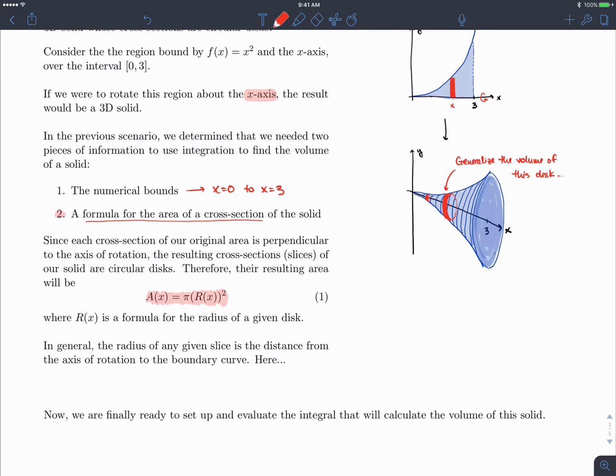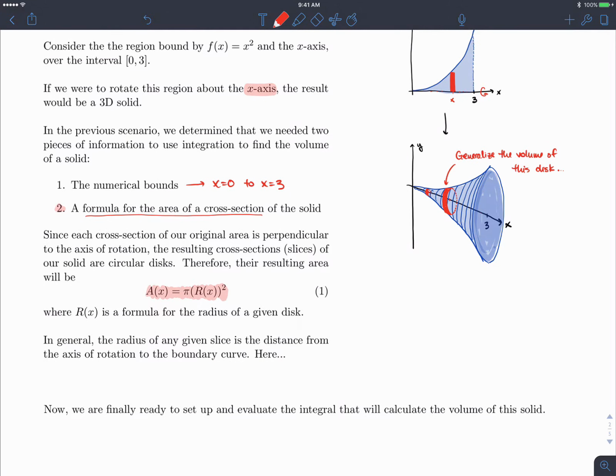So when we're asked to find a formula for the radius of the given disk, namely big R of x, luckily since these are all under one curve, we can say that this radius, which we're going to call big R of x, is simply going to be the distance from the axis of rotation to the boundary curve.